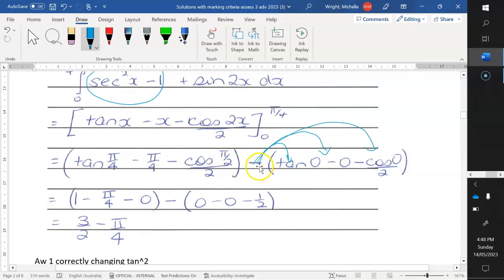So that was another major mistake that people made, which is a really simple one. I suggest that you put your pi on 4 and your 0 in exactly like the working out is done here, because then you're going to have less errors and then you can do a straightforward calculation and show your working. If I can't see your working, I cannot give you marks for that question.